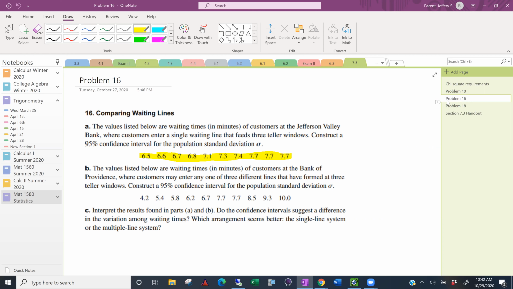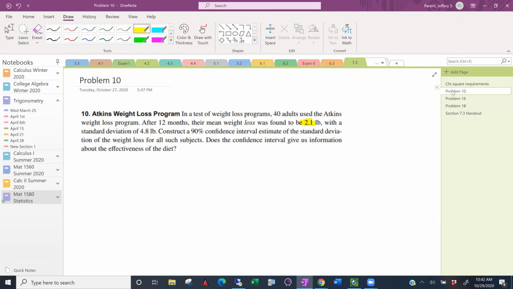Wait, I'm sorry. What is the effectiveness of the diet? It doesn't really tell us anything about the effectiveness of the diet. We don't want to know how spread out their values were. We want to know what their average was. Are they losing weight? Because the spread of the data could include losing weight and gaining weight, right?